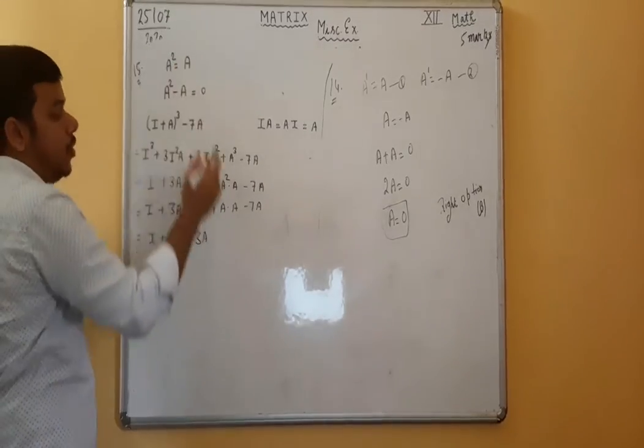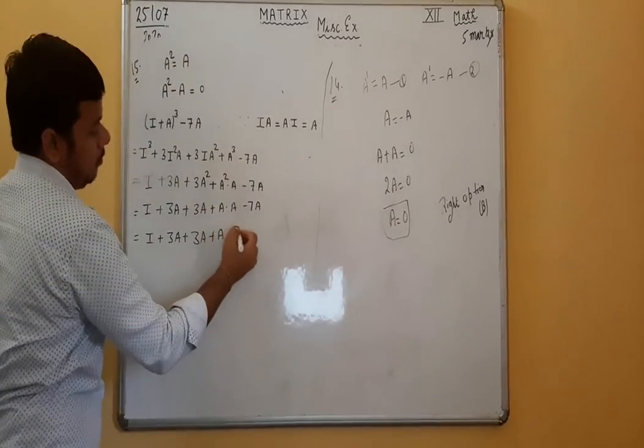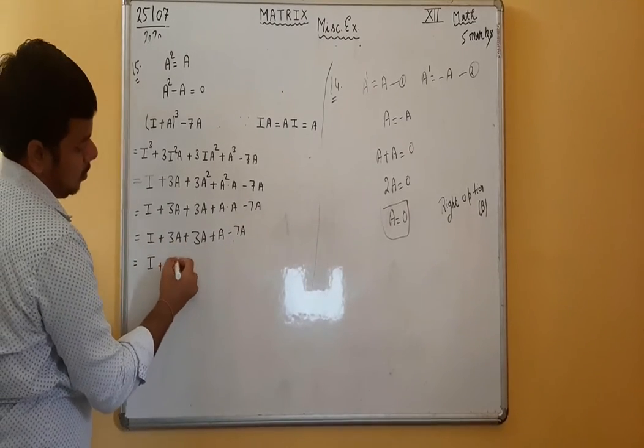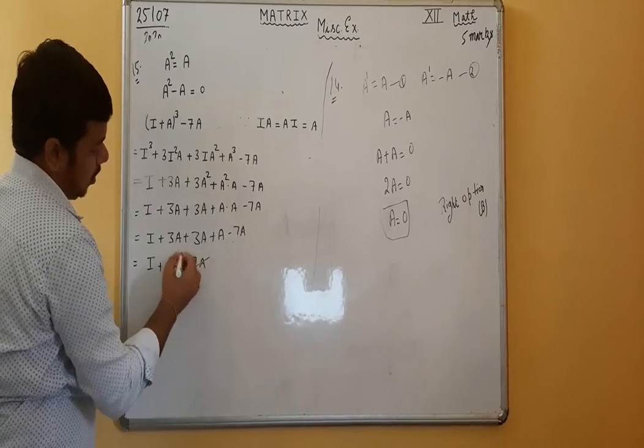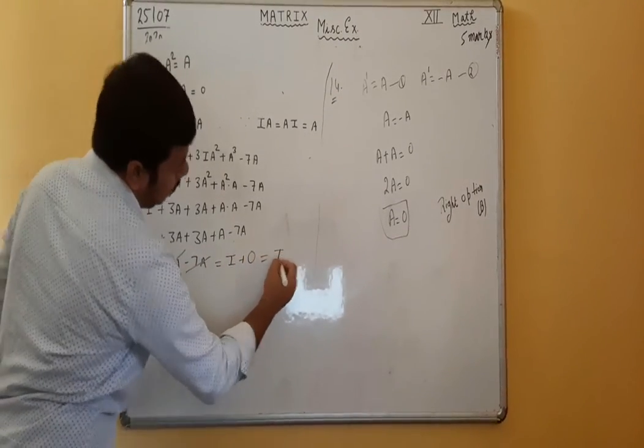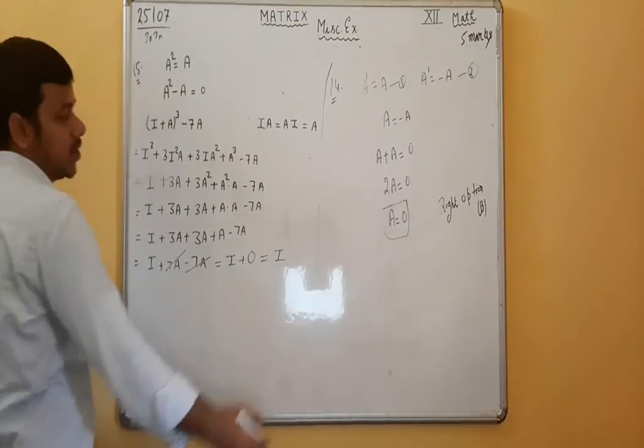A square is equal to what? A minus 7A I plus 3... 7A minus 7A, 7A is cancelled out by 7A, so I plus null matrix is equal to I. Your right option is option C.